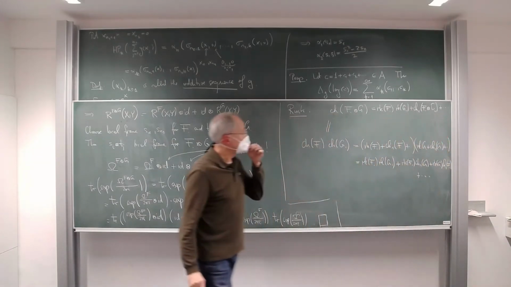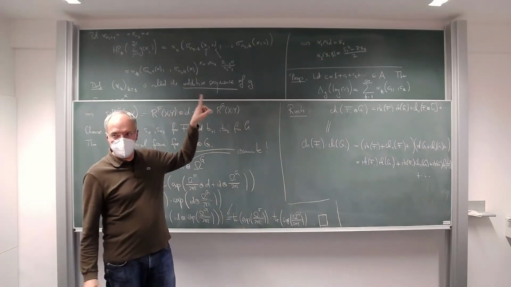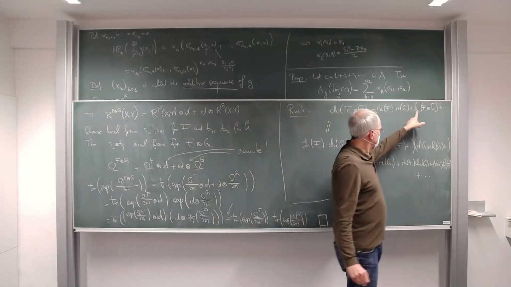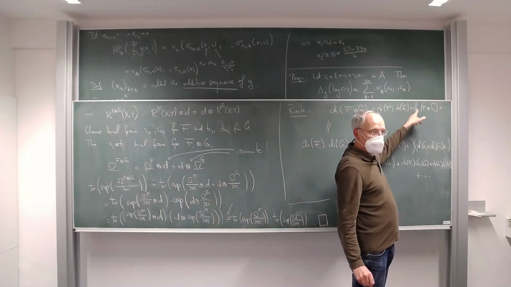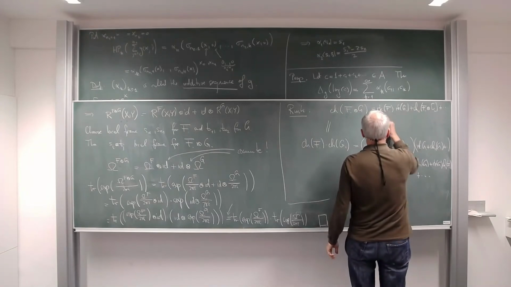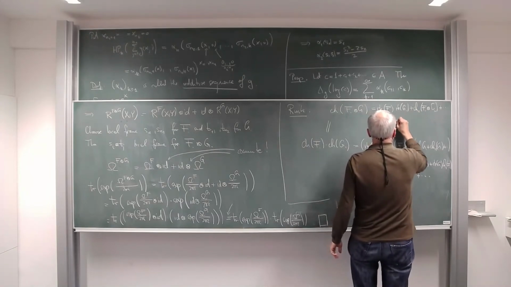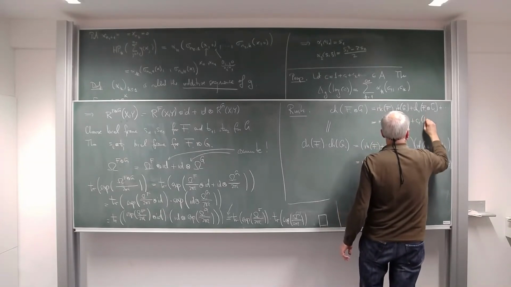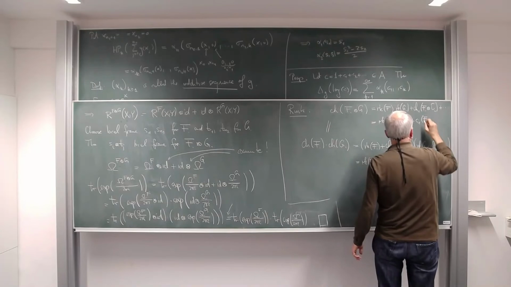And now we recall that when we computed the additive sequence of the exponential series, we noted that the first part of the Chern character is the same as the first Chern class. So there is no difference between Chern character and Chern class concerning the first one.